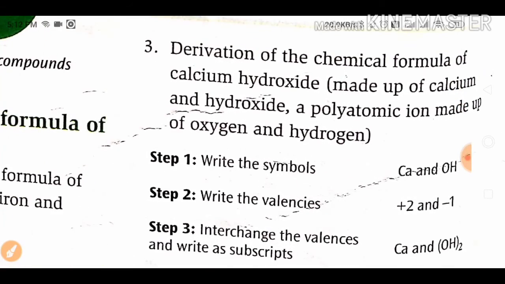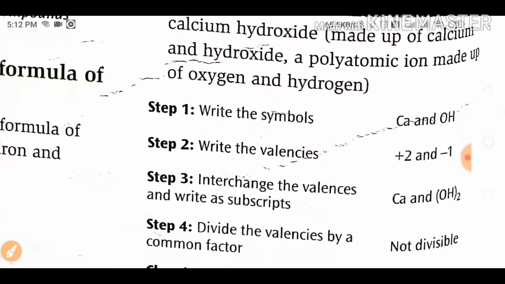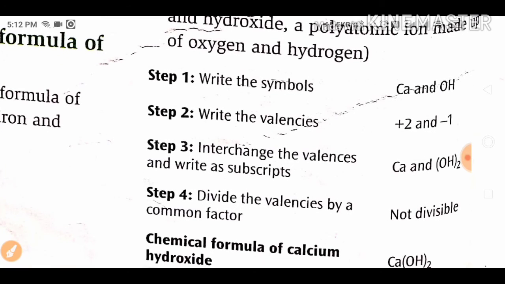Next, one more example, derivation of the chemical formula of calcium hydroxide, made up of calcium and hydroxide, a polyatomic ion made up of oxygen and hydrogen. So you have to write the symbols. Simply I go with the book, Ca and OH. You have to practice this step by step example yourself. Now write the valencies, +2 for Ca and -1 for OH.